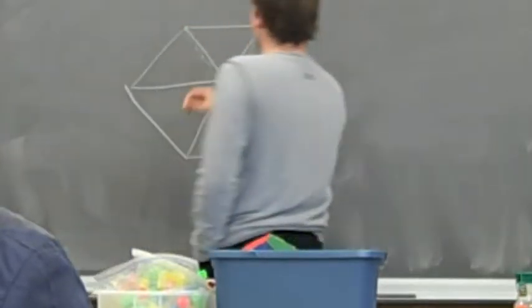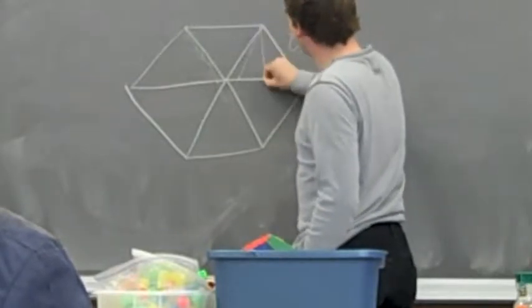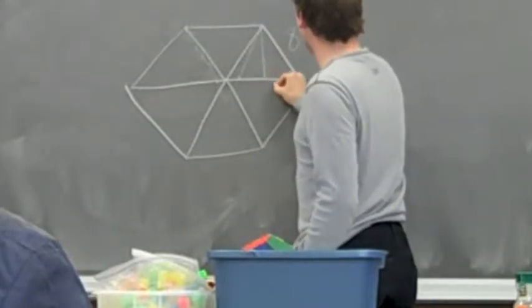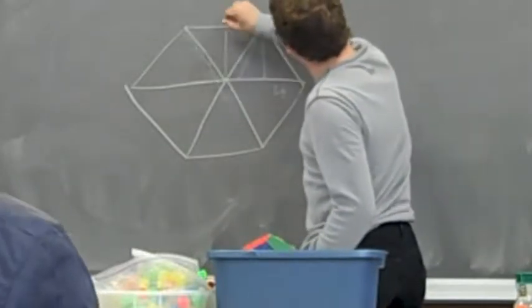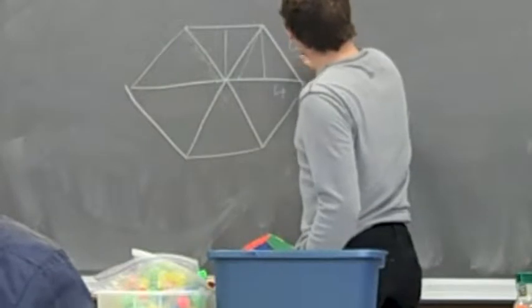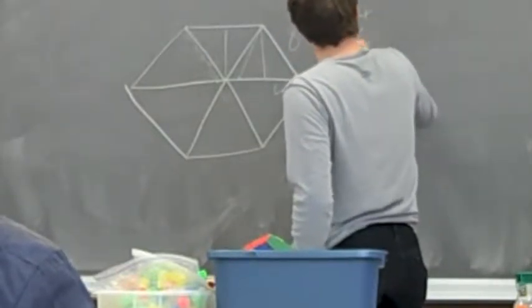I just figured they're all equilateral triangles, and since we're doing one side, then I know what this side is. I treated that as a square, that as a square. So it's the 64 minus 16.